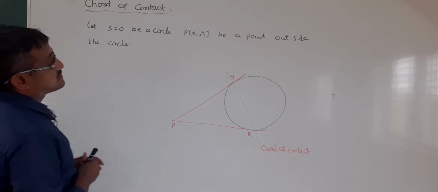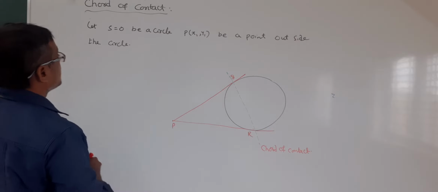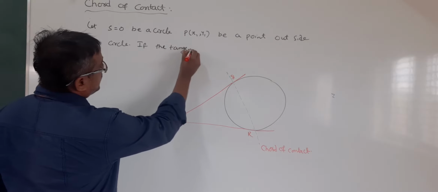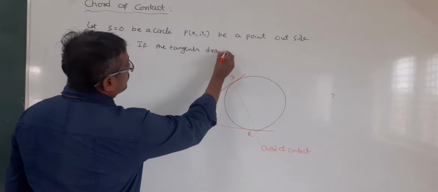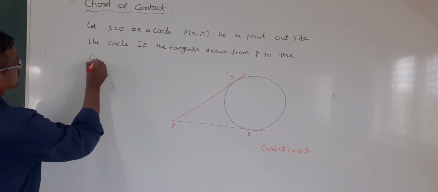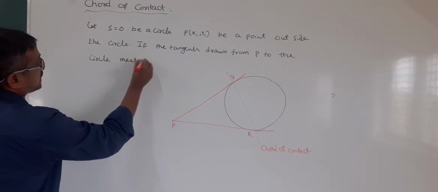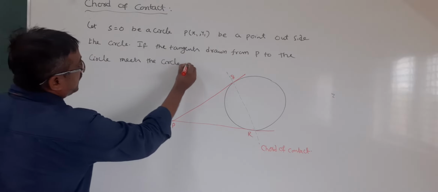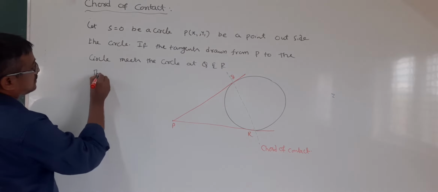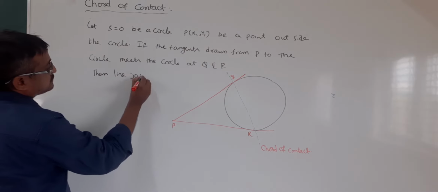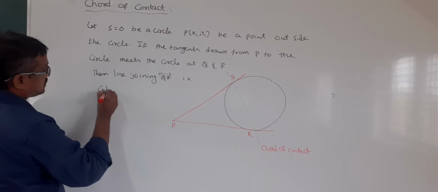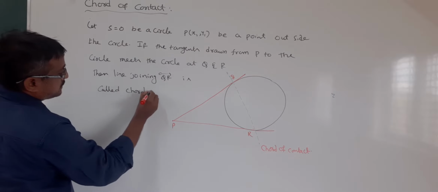So P(x1, y1) is any point outside the circle. If the tangents drawn from P to the circle meet the circle at Q and R, then the line joining QR is called the chord of contact.